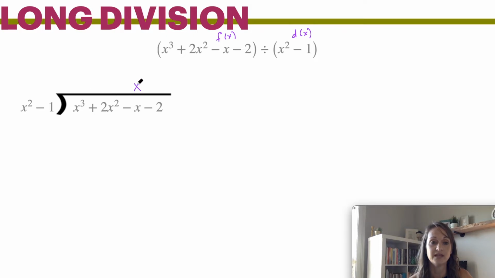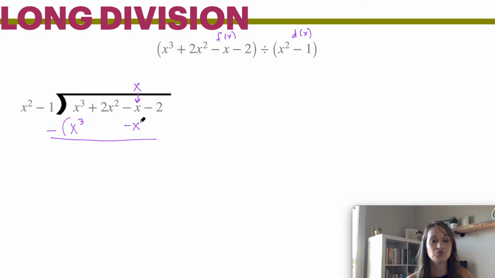So I'm going to put the x over here because I want it to line up with the same exponent from the function. Now you're going to multiply this x by everything from the divisor. X times x squared is x cubed. X times negative 1 is negative x. Again, don't forget they need to line up.